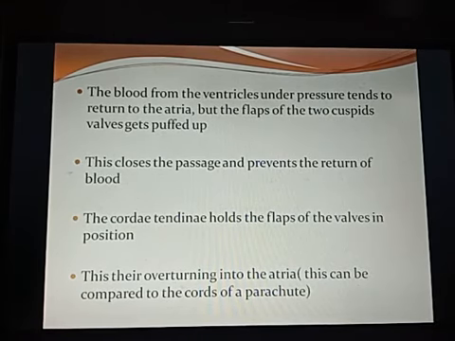That is the condition that happens with the valves. The chordae tendineae perform the same function as the cords of a parachute, preventing the valves from overturning into the atria.